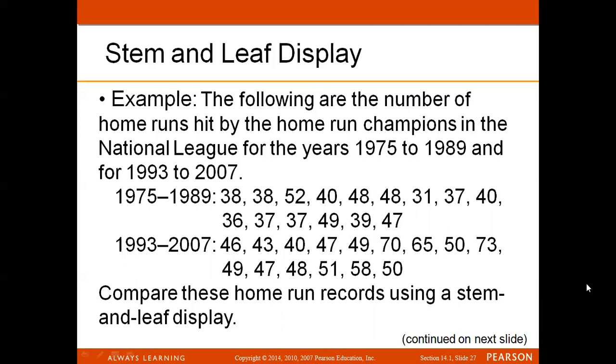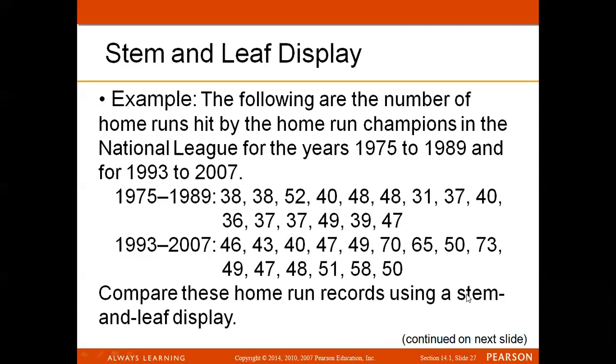So from 1975 to 1989, we have 15 different amounts of home run hits by the home run champions in the National League for that year. And we have 15 years listed, 1993 to 2007, also with the number of home runs hit by the home run champions in the National League.